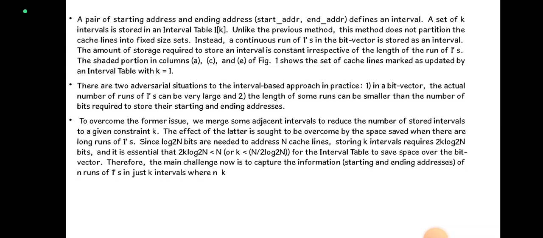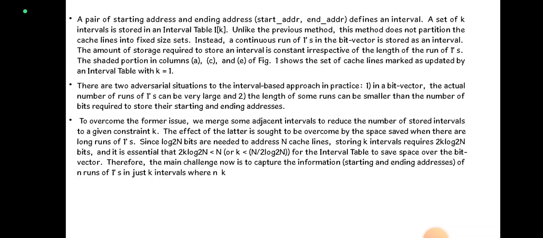There are two adversarial situations for the interval based approach in practice. In the bit vector, the actual number of runs of ones can be very large, and the length of the runs can be smaller than the number of bits required to store their starting and ending addresses. To overcome the former issue, we merge some adjacent intervals to reduce the number of stored intervals to a given constraint.